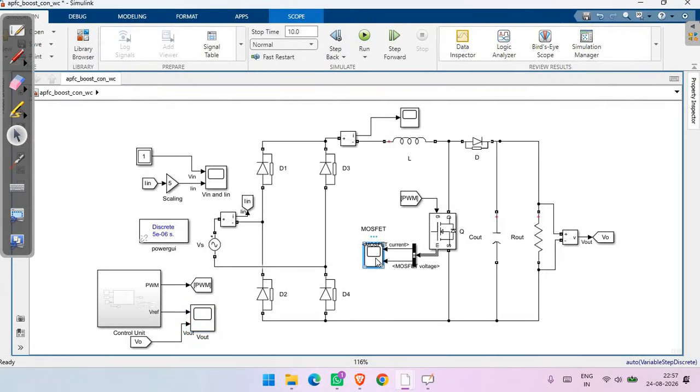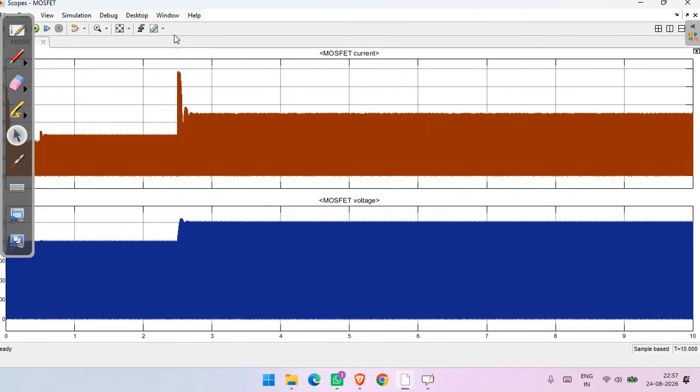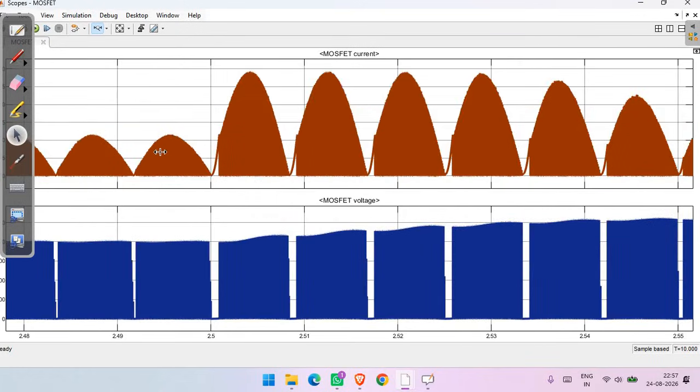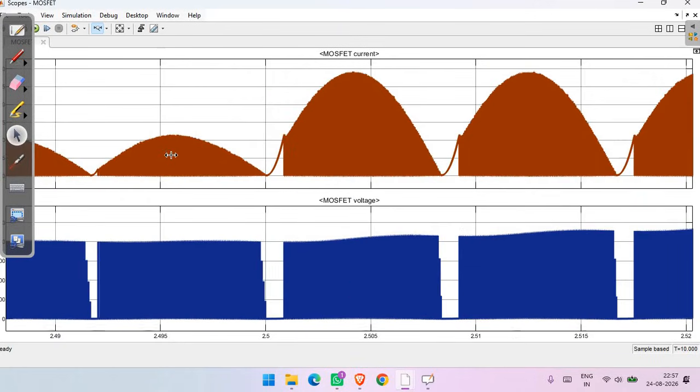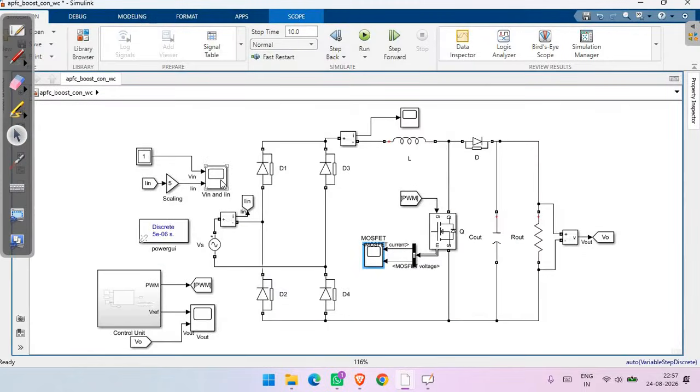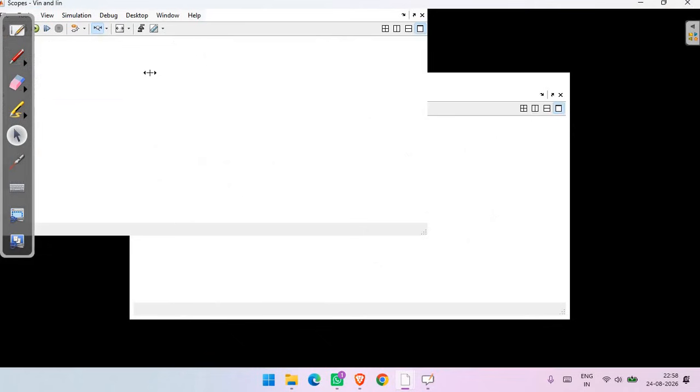This is the output of MOSFET current and MOSFET voltage. You can zoom here. And this is the comparison of V in and I in.